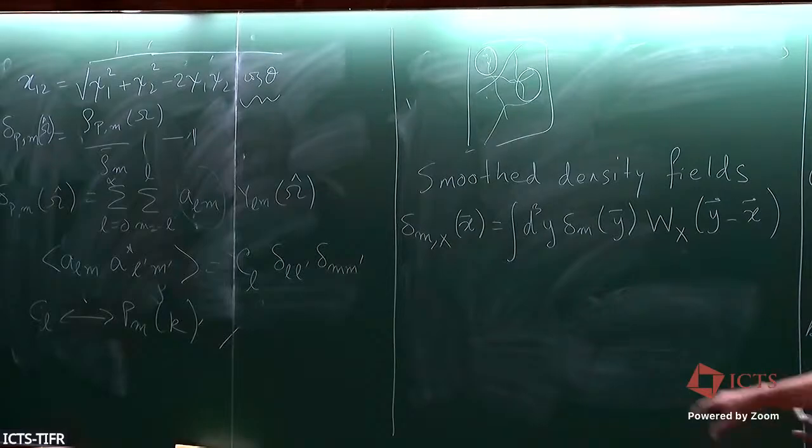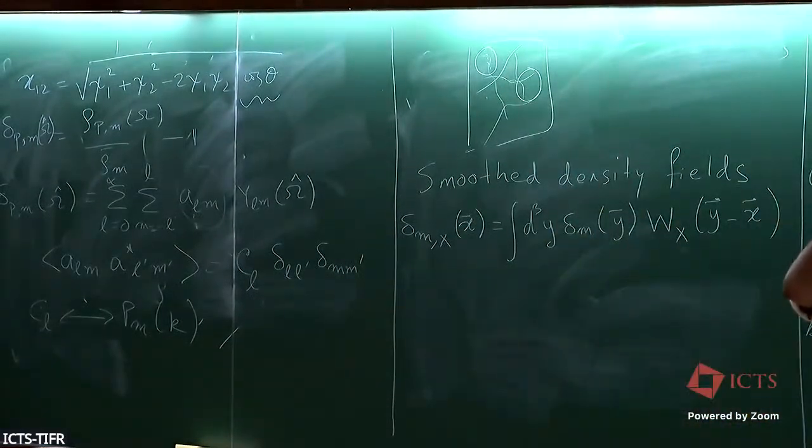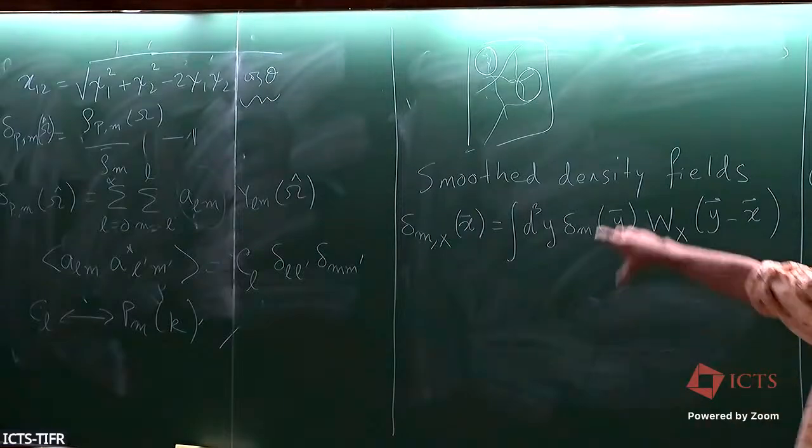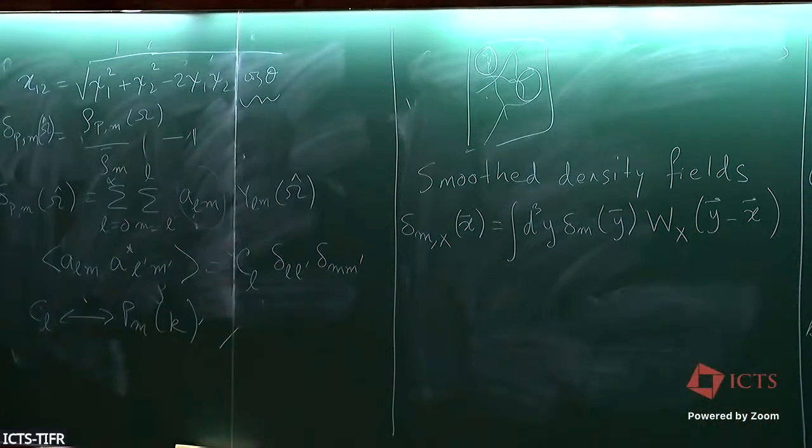So at every point x, I will put whatever window function I need to. If you are putting a sphere, this window function will be like a hard sphere. But you can come up with other smoothing functions as well. It will depend on the problem you are interested in.